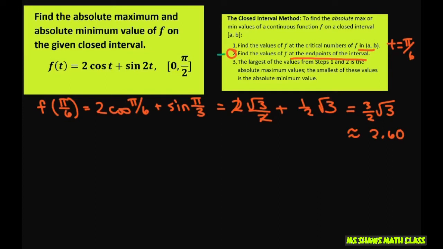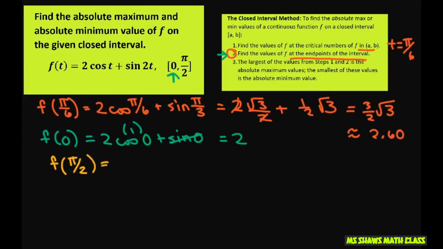Now, for number 2, we're going to test these endpoints. So we're going to do f of 0, which equals 2 cosine of 0 plus sine of 2 times 0. Sine of 0 is 0, and cosine of 0 is 1. So f of 0 just equals 2. And then we have to check pi over 2.